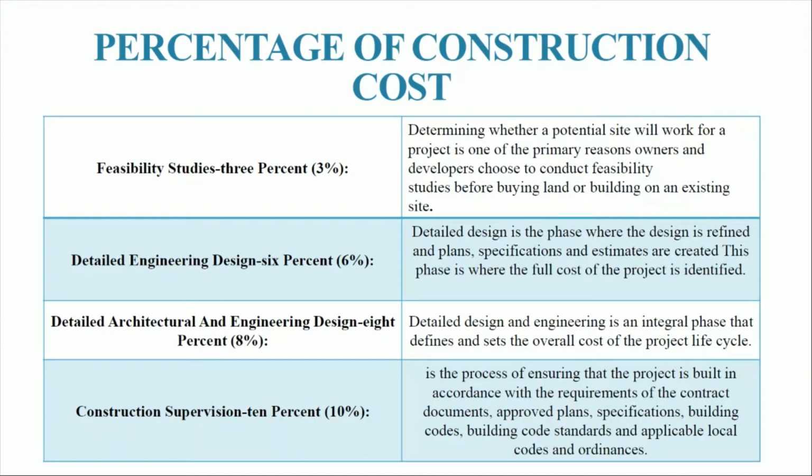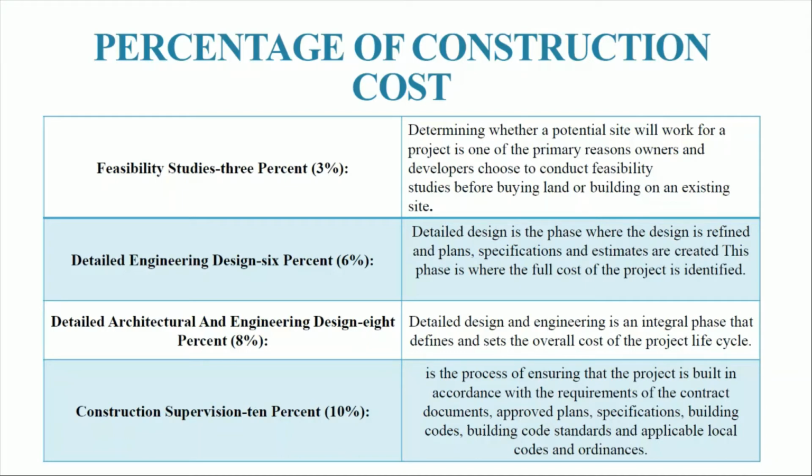This type of study requires a lot of observation and on-site work. It is to make sure that the land is suitable for the certain project that the owners or the clients want. And this is not a free service. Of course, it has to be paid at least 3% of the entire construction cost.